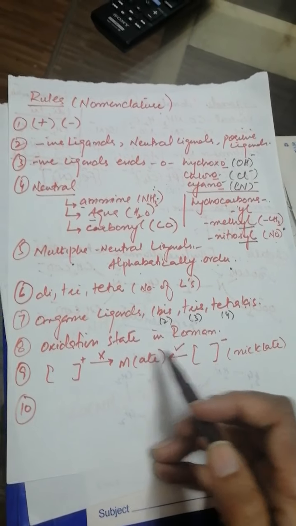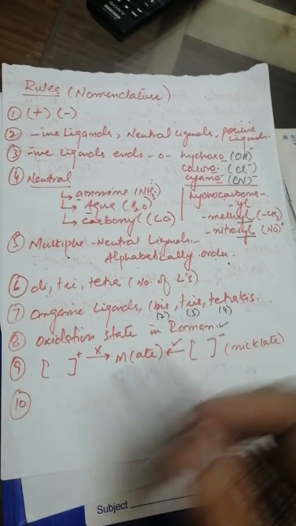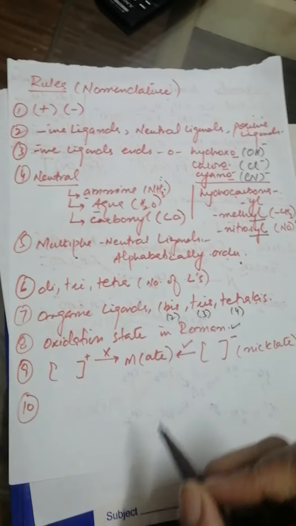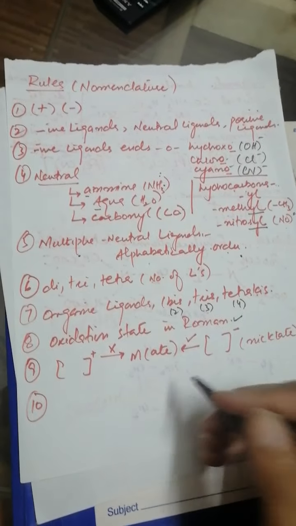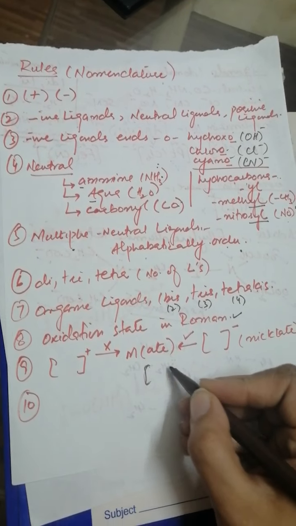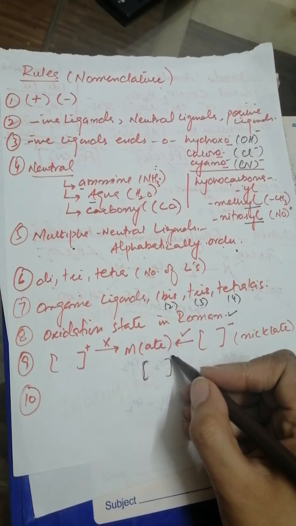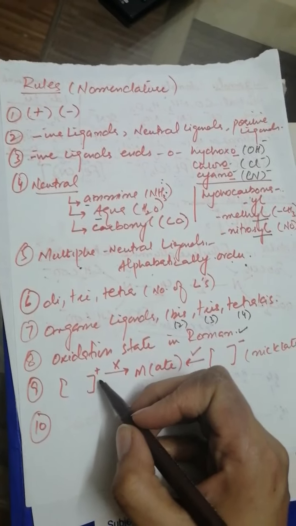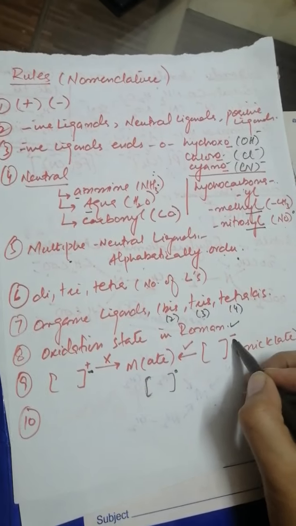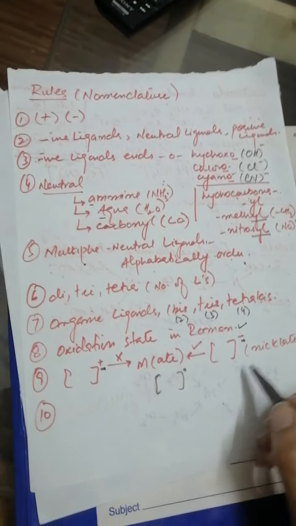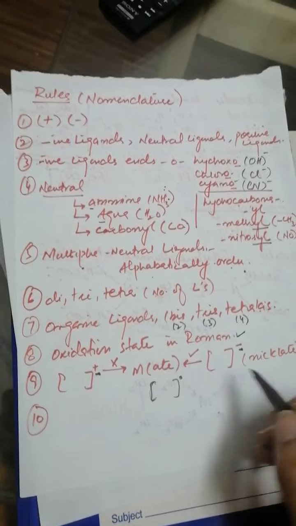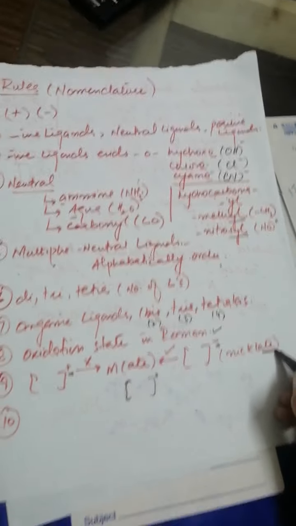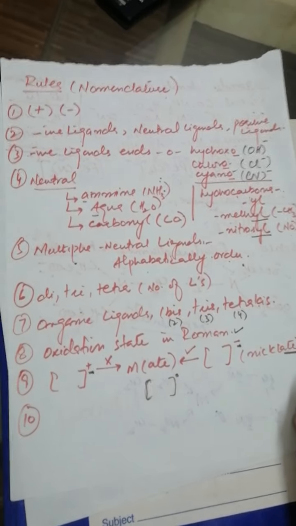Then the oxidation state is always written in Roman numerals. I have explained this earlier. Yes, one more thing. We have three possibilities: the overall charge on the coordination sphere could be 0, or it could be positive, or it could be negative, right? If it is negative, then we need to end the metal name with ATE.